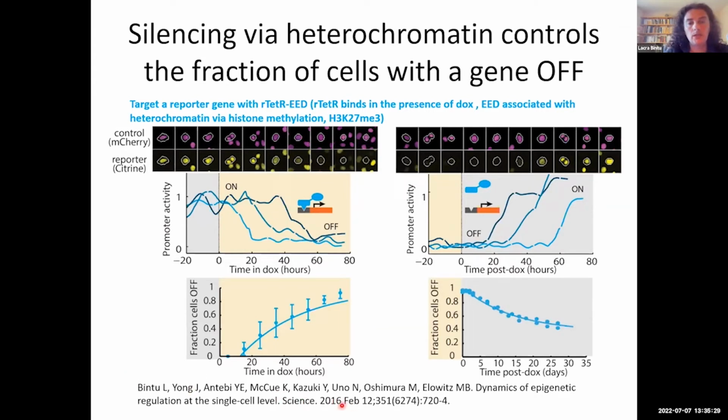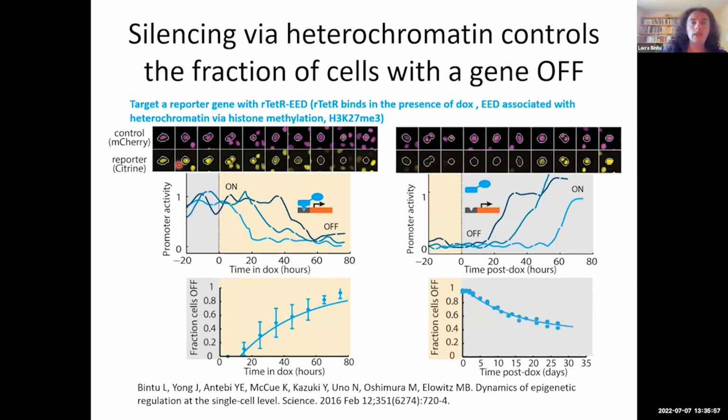This was published a bit ago. When we recruit a particular chromatin regulator to the reporter gene, we started with one associated with a particular type of histone methylation, histone H3 lysine 27 trimethylation. It's Polycomb. It's less important exactly what this is, but it's a particular pathway of histone methylation known to be associated with heterochromatin.